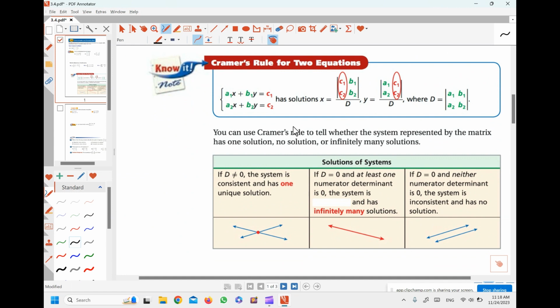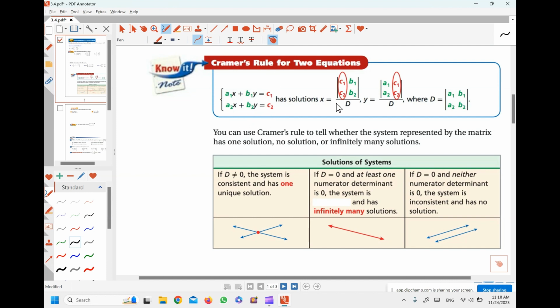Cramer's rule. By using Cramer's rule, we can solve the system of equations, which you studied in grade 10, solving a system of equations with two variables. So first thing we need to do is write the equations in standard form. I mean, x's and y's are on one side of the equation, constants are on the other side.